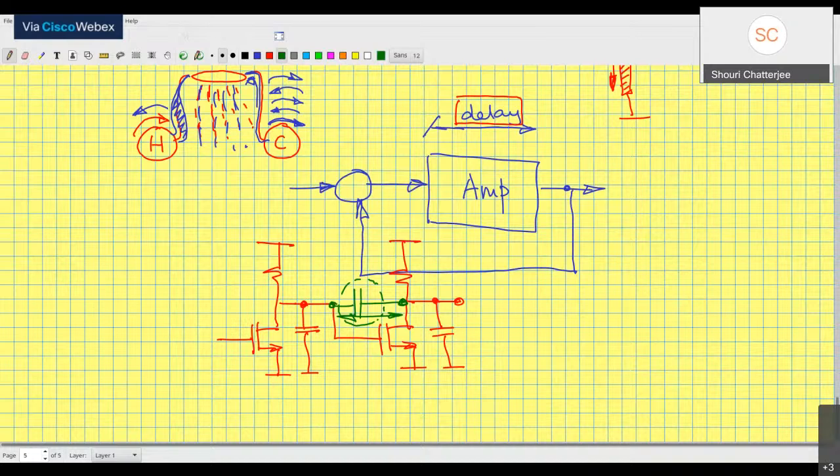Then I have a few more questions. One is, how do we proceed to become an analog engineer? Another is, what are the best opportunities for an electrical engineer after clearing GATE? And another is, how to proceed to become an electronics engineer.